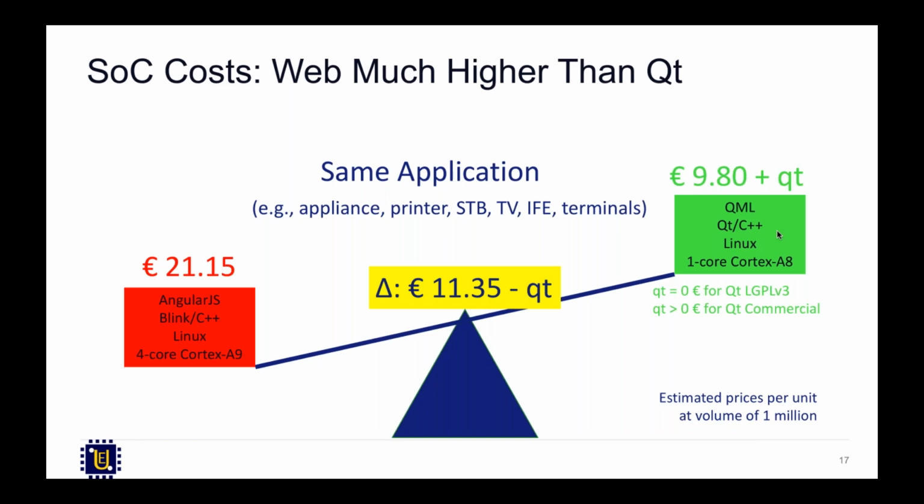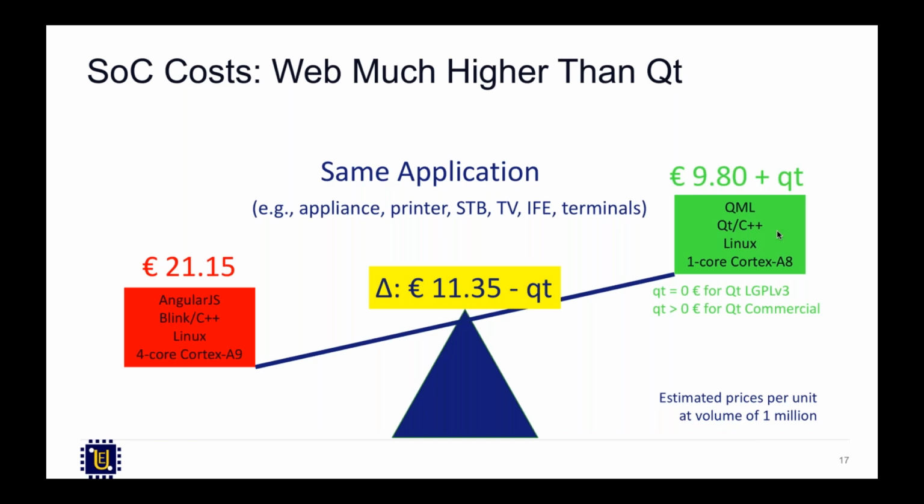They will happily tell you, and they are nice salespeople, so they won't be on your back for the next 5 weeks. They understand if you tell them I'm not interested or I'm interested, and be sure you get a very good deal. So web is much more expensive than Qt if you factor in the hardware costs.